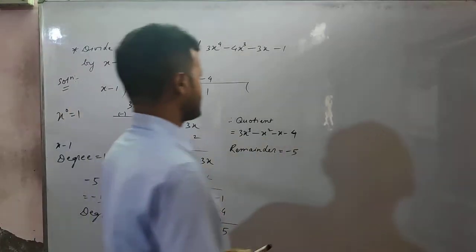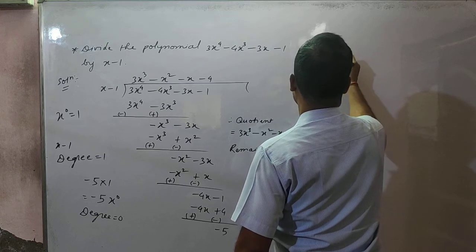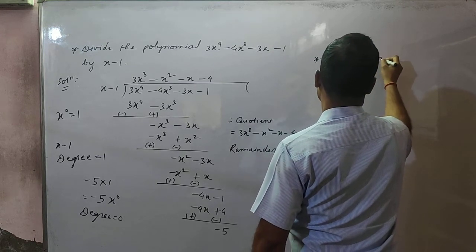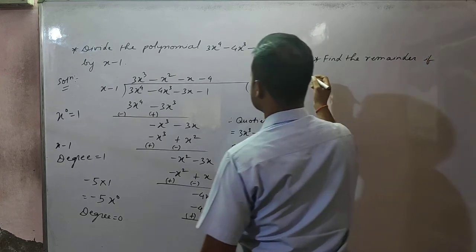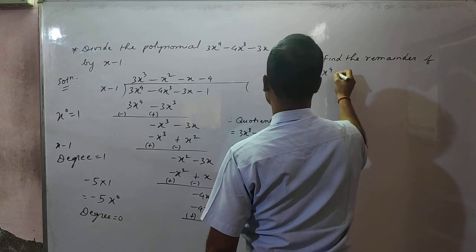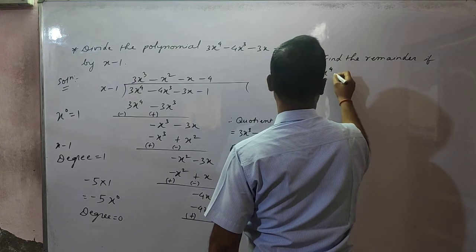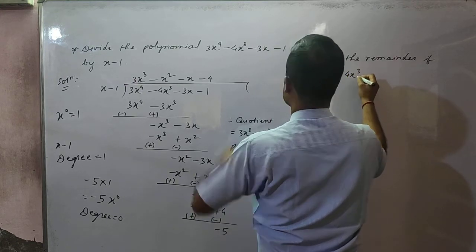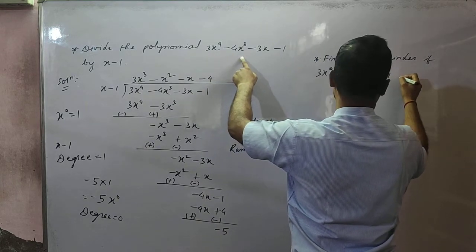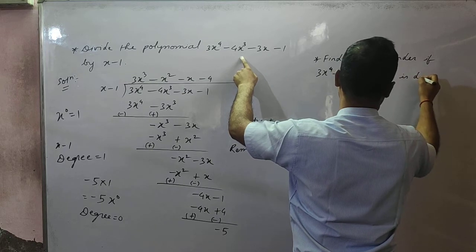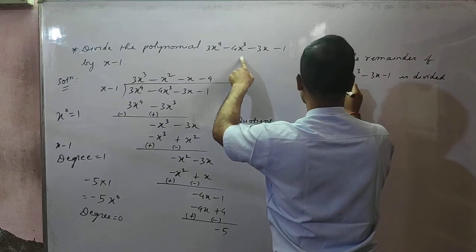But sometimes it will be said like this: find the remainder if 3x to the power 4 minus 4x cube minus 3x minus 1 is divided by x minus 1.